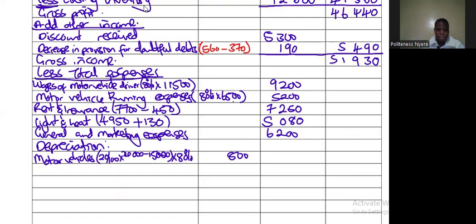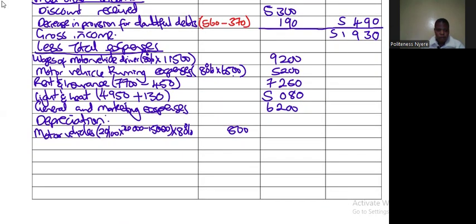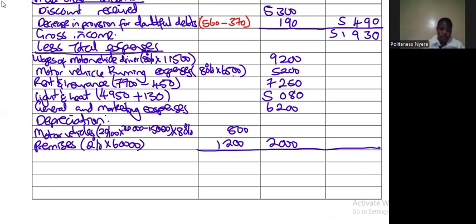So 2% times 60,000 gives you 1,200. So the total for depreciation here is going to be 2,000. I think those are all the expenses that we have there.